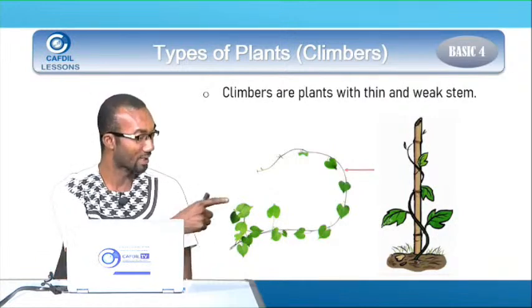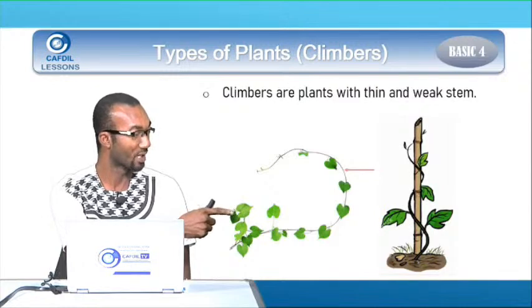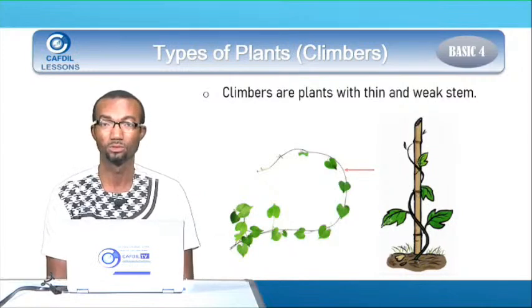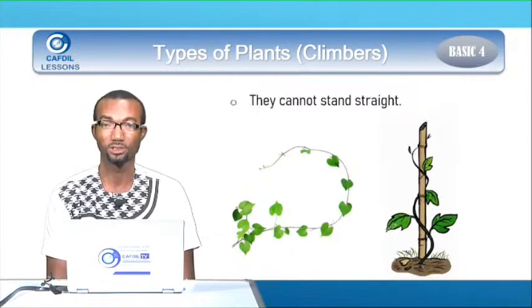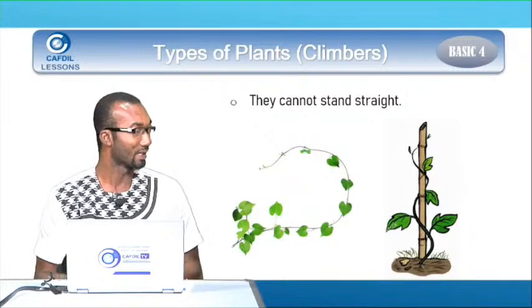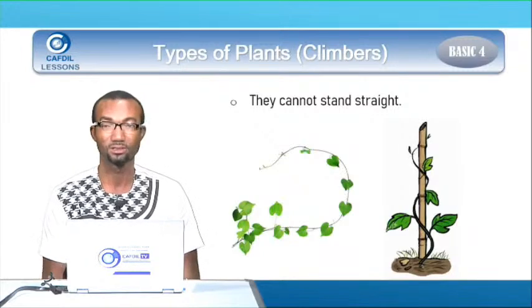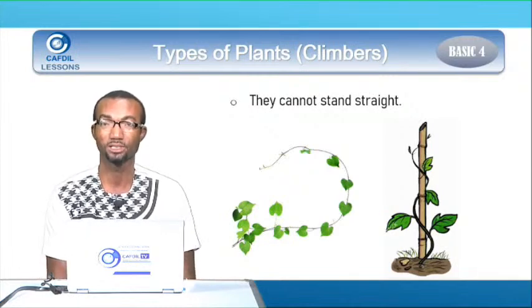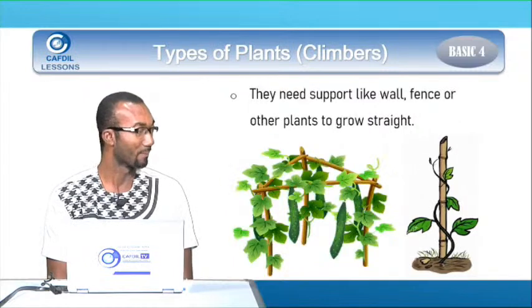So if you look at the picture, you can see a bamboo, and this climber is climbing the bamboo to have support. So we are saying they cannot stand straight. Just look at the stem, very tiny. It cannot stand straight. So you have to support it with something.